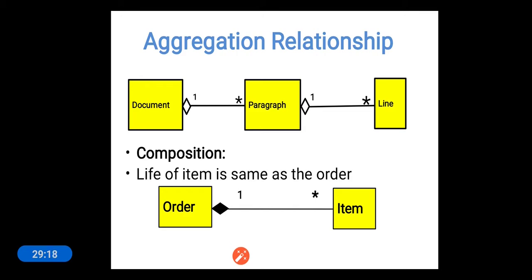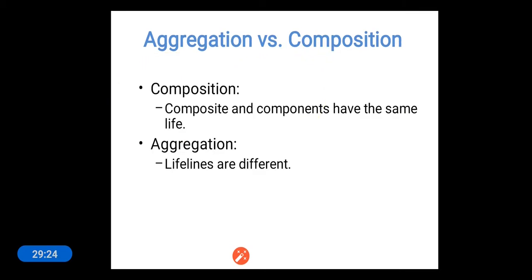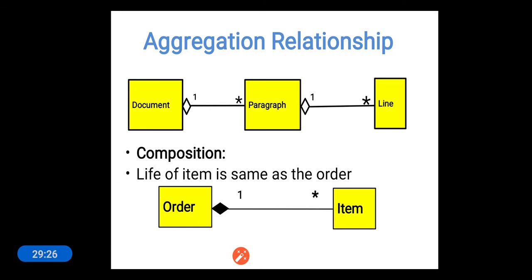That means a document object is containing some paragraph objects. Similarly, a paragraph object may contain multiple line objects. So multiple lines are present in a paragraph and multiple paragraphs are present in a document. That's nothing but a document is a composition of paragraphs and a paragraph is a composition of lines.